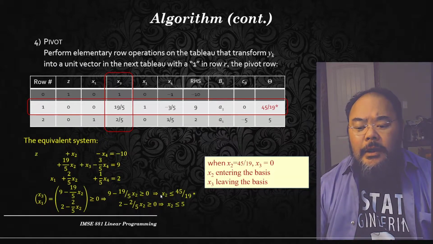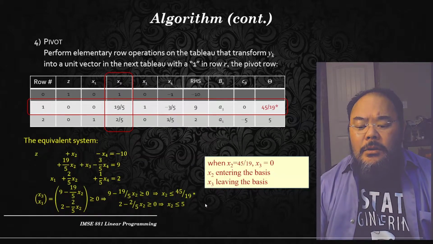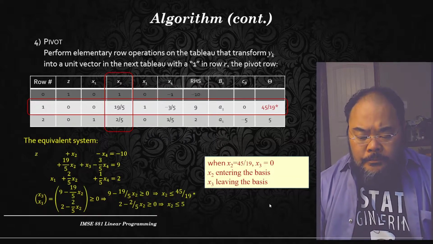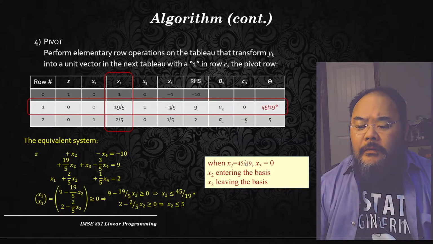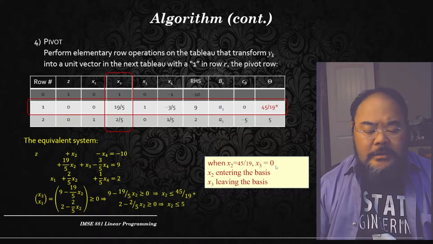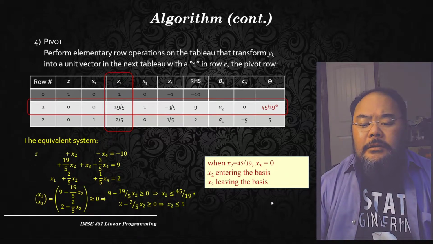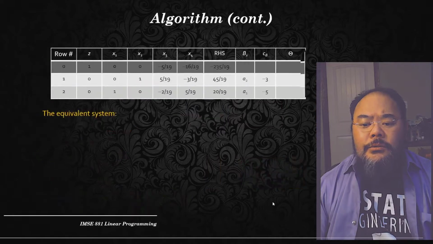So we can simplify: x2 has to be less than or equal to 45/19. And that will be, then the next iteration, x2 we're going to take a value of 45/19, and x3 will be the non-basic variable, taking a value of 0. So let's take a look at how we're going to do the next step.